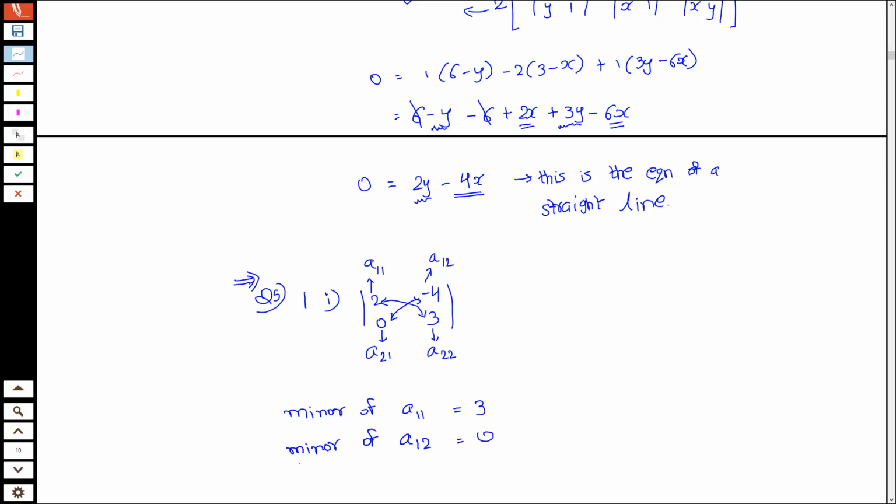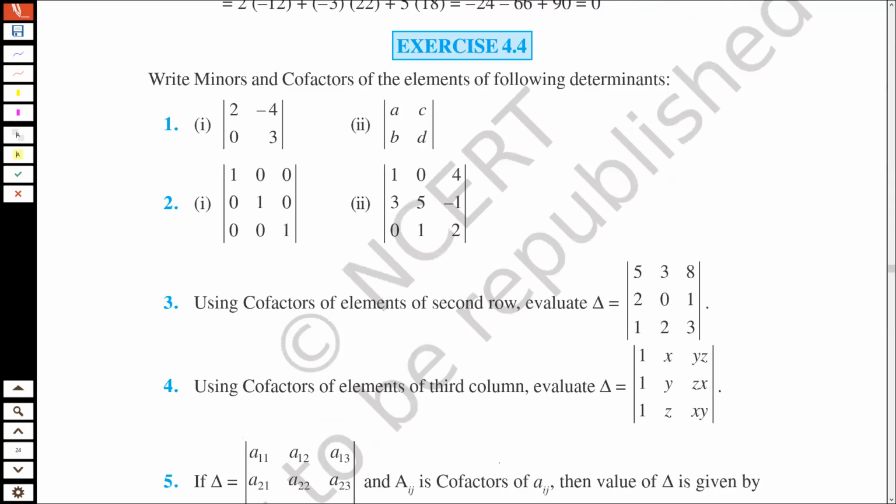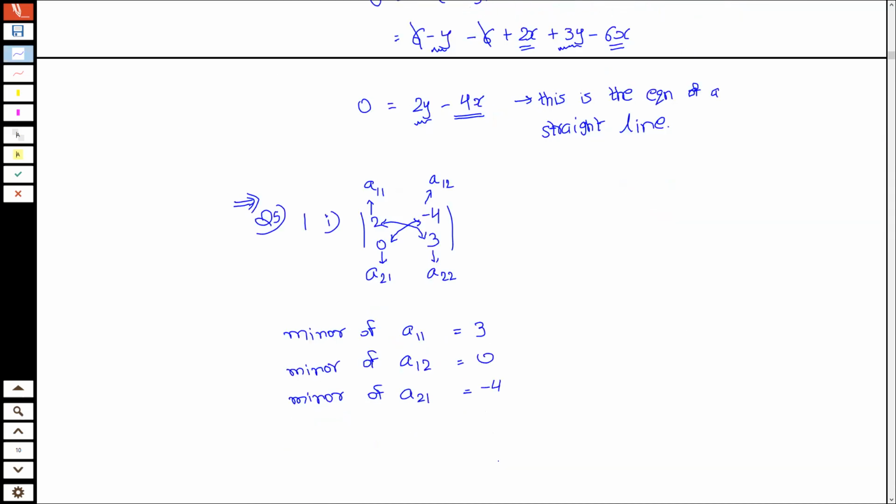Then minor of A21. आप बताओ क्या होगा इसका माइनर? -4. Yes. And minor of A22 will be what? 2. Okay.